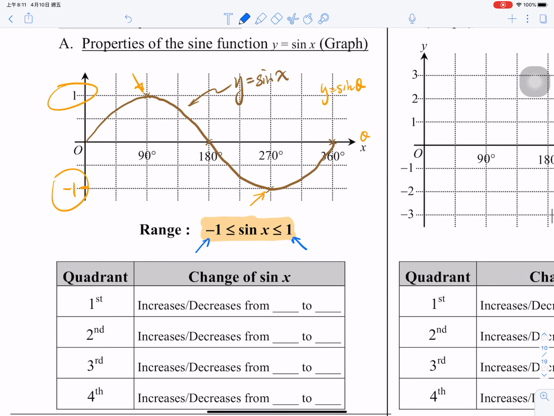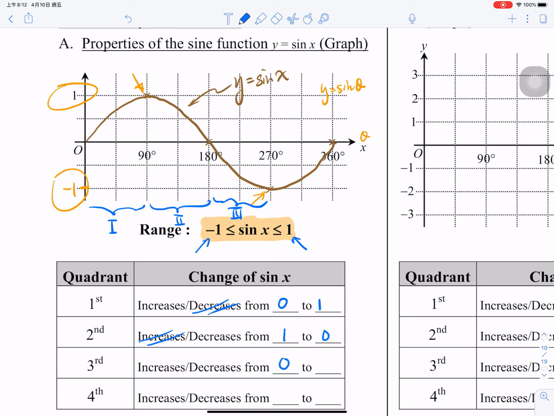So let's see. How about the change of sine x in these 4 quadrants? Starting from quadrant 1 is increasing, right, from 0 to 1. How about quadrant 2? It's decreasing from 1 down to 0. How about the third one, quadrant 3?